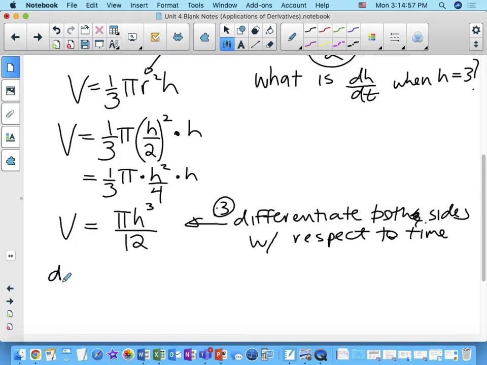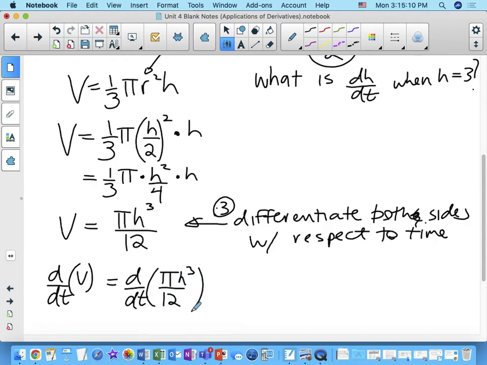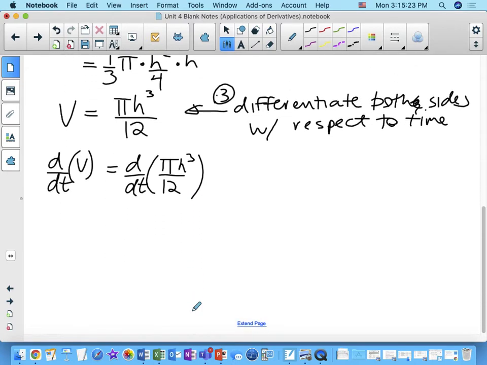Okay, so we're going to have d by dt of v equals d by dt of pi over 12 h cubed, and on the left we just have dv by dt, and on the right we will have 3 times pi h squared over 12 times dh by dt.